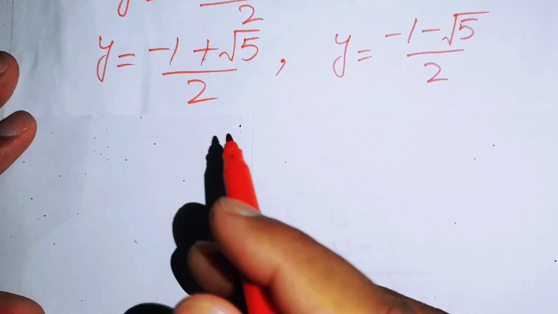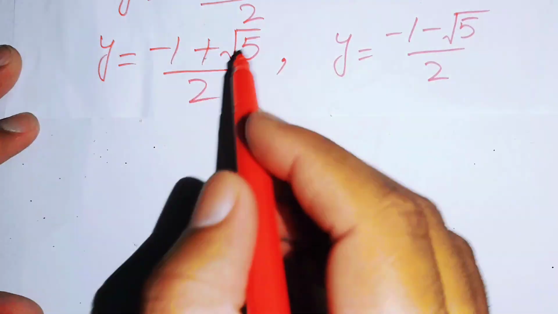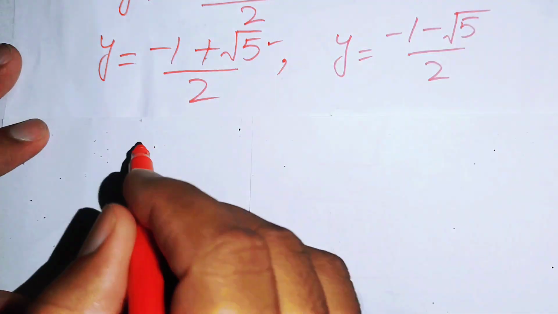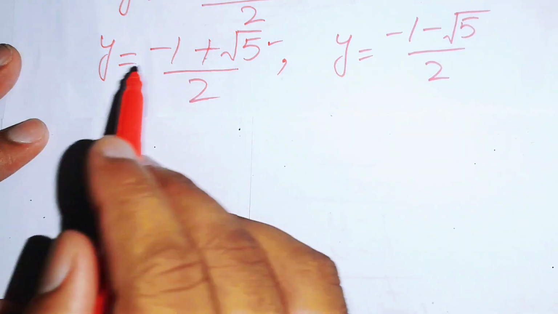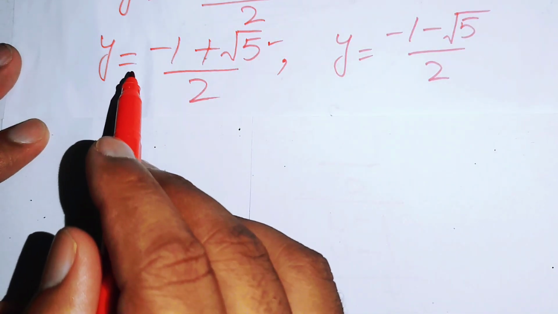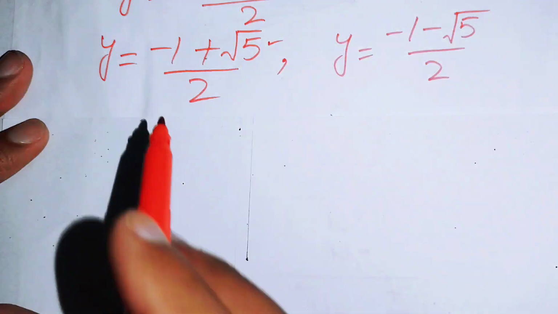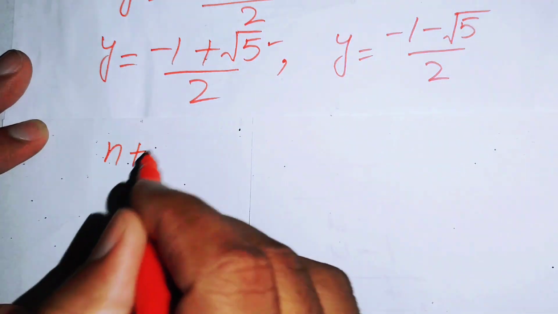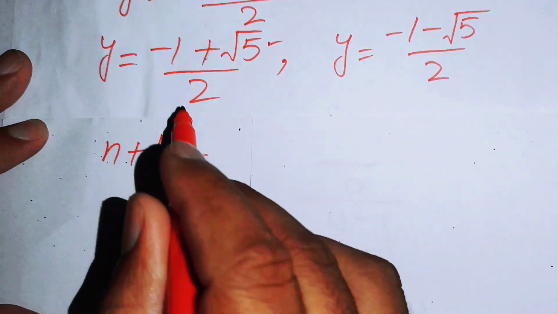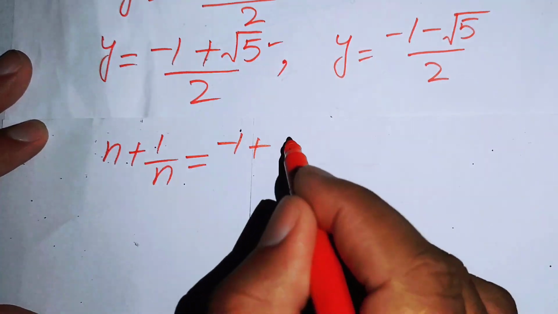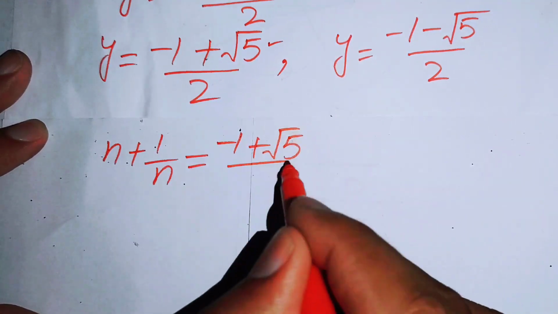Now I can first solve case number 1, and in this case the value of y I can put in the start of the question, n plus 1 over n. So n plus 1 over n equals minus 1 plus square root 5 over 2.